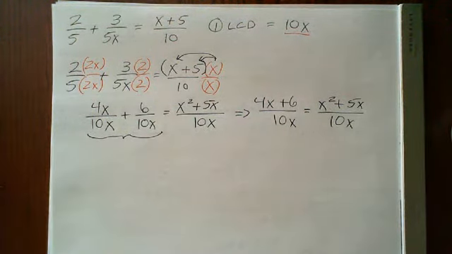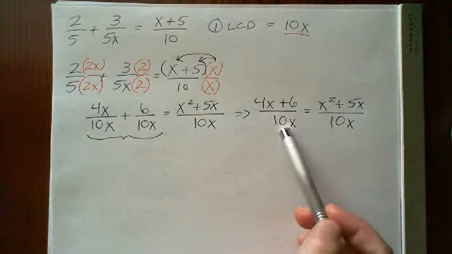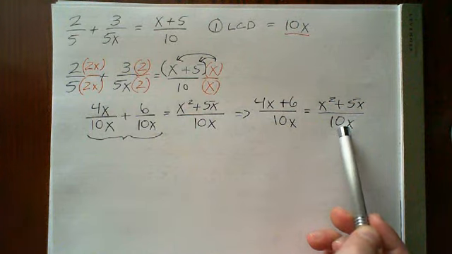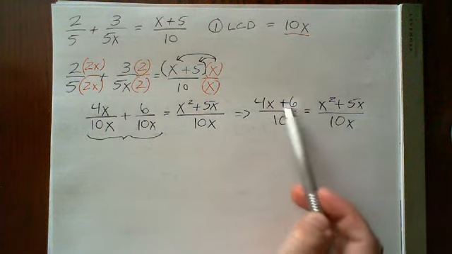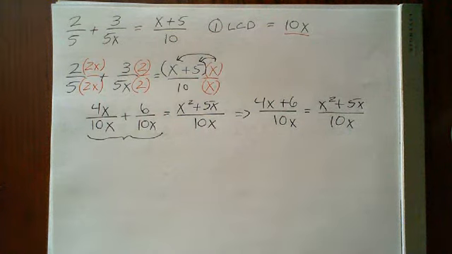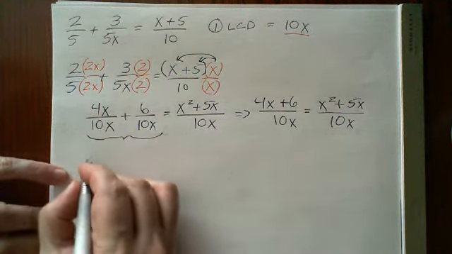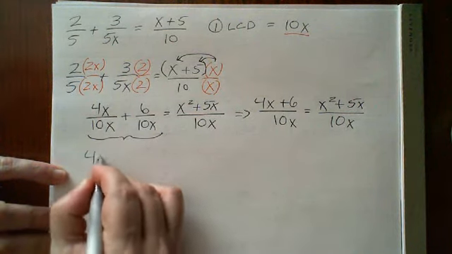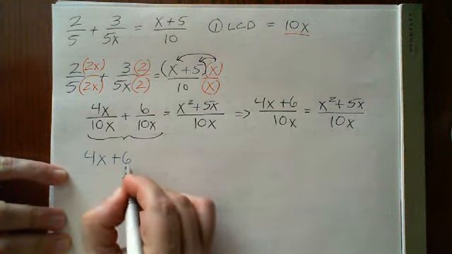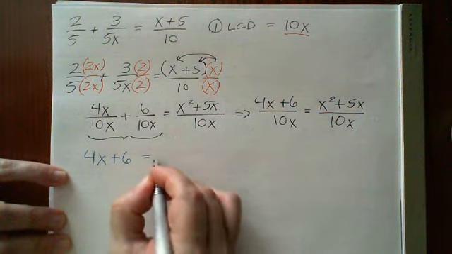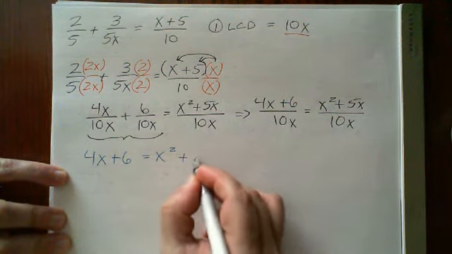Now, once we get it to this point, I'm really only going to have to focus on the top. I know 10x is equal to 10x, so if these denominators are equal, that means these top portions must be equal as well. So I really don't have to worry about the denominator anymore to solve for x here. I'm just going to set 4x plus 6 equals x squared plus 5x.